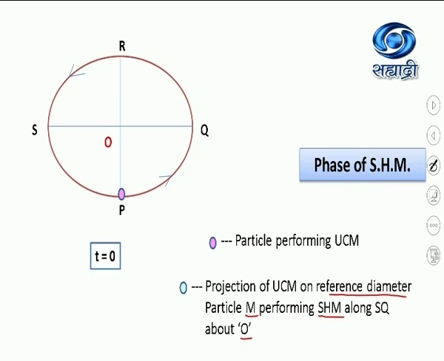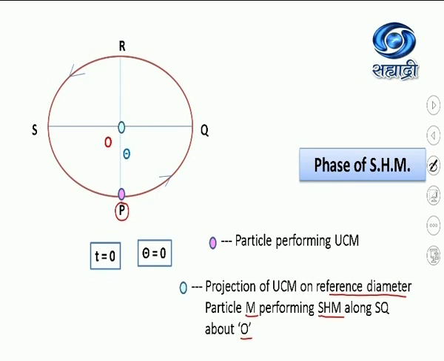So at time t equal to 0, the particle is at position P. It will start the UCM from this position P. So the angular displacement theta in this case is equal to 0.